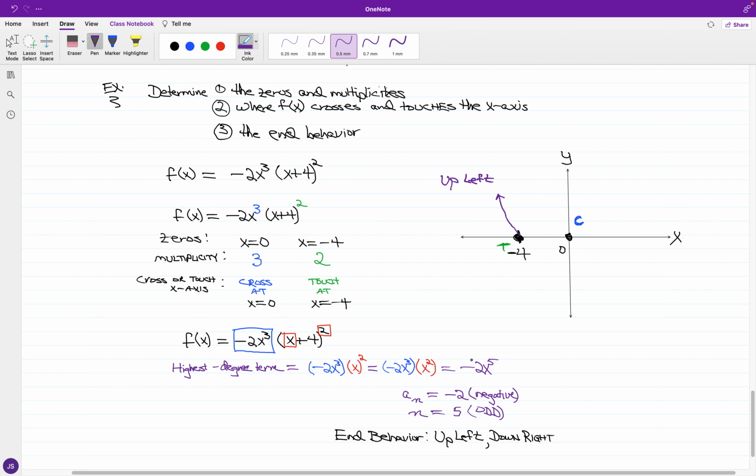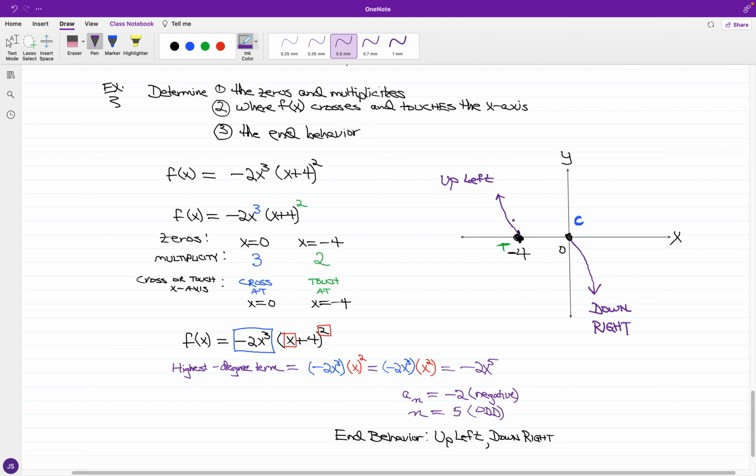And for down to the right, that activity will occur from the rightmost zero. So you have down to the right. So I got up to the left, down to the right. Those are the end behaviors.